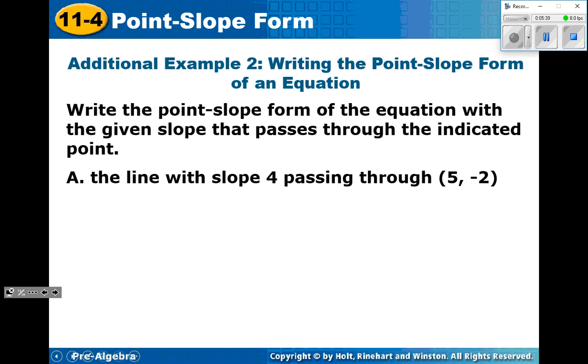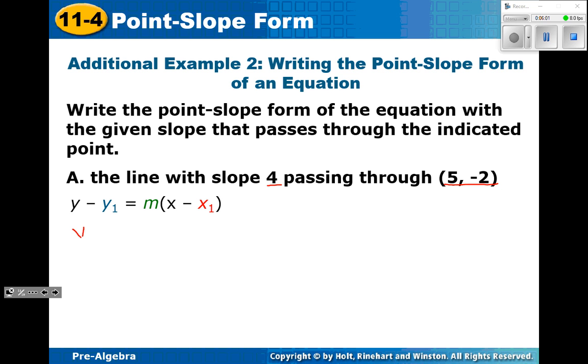Previously you learned how to pull the slope and a point on the line out of the equation. Now you're going to need to write the equation when they give you the slope and a point on the line. You need to know that form, which is right there, and just plug those three things in.